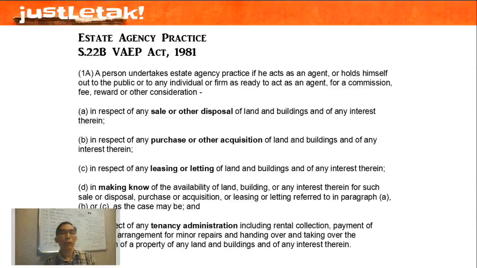And the last part of section 22B touches on the new subsection E, which was amended during the December 2017 amendment, which involved tenancy administration. This tenancy administration is inserted into section 22B because a lot of the time agency practice involves coordination of repairs.